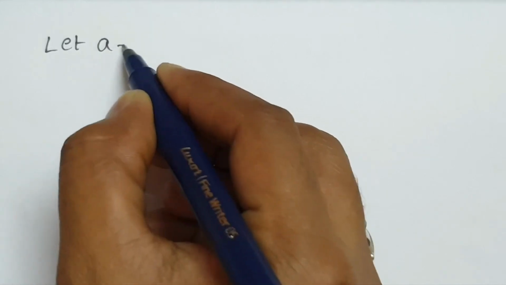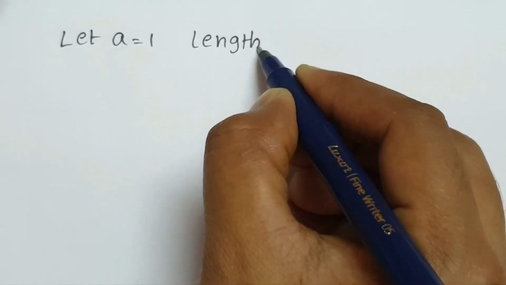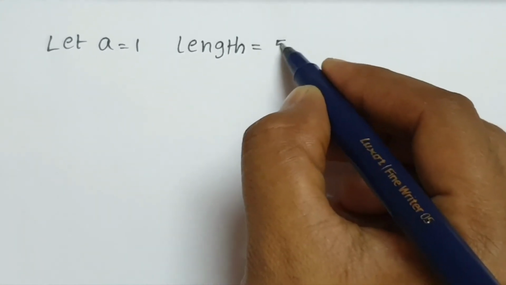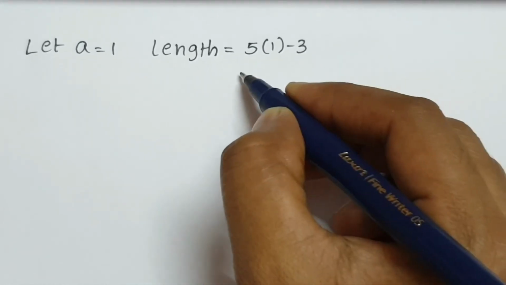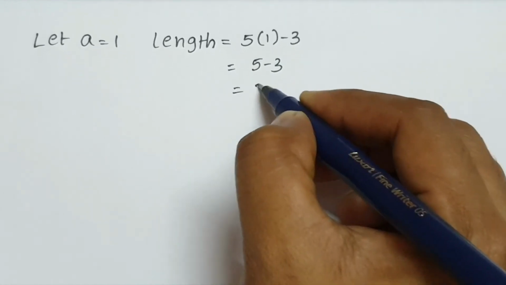Let a equal to 1. Find length: length equals 5a minus 3, 5 into 1 minus 3, 5 minus 3 we get 2.